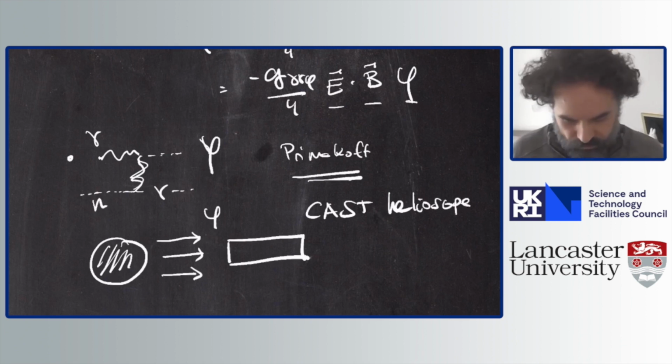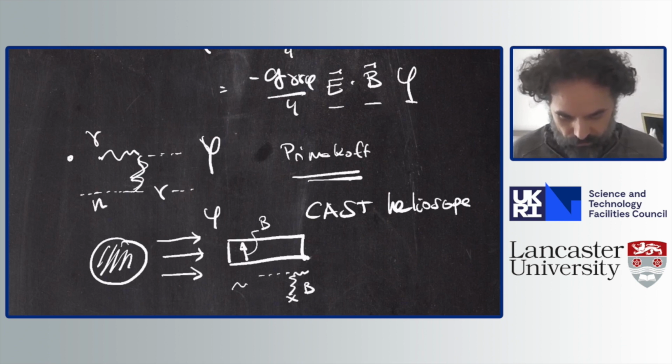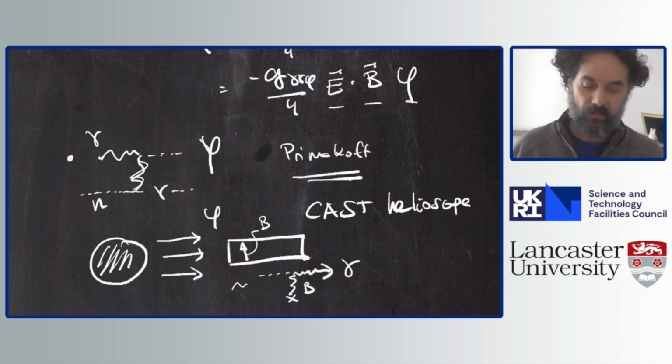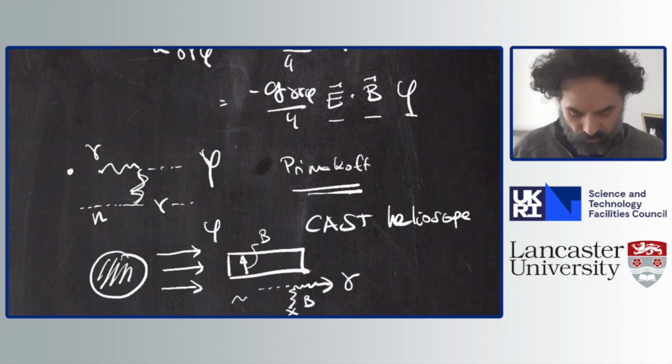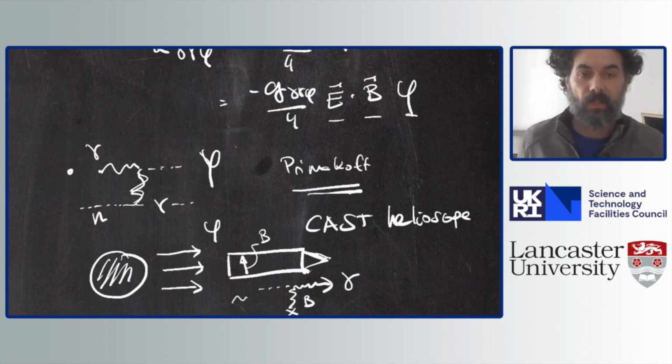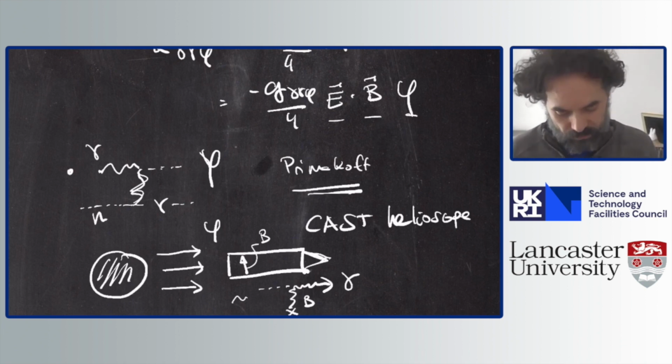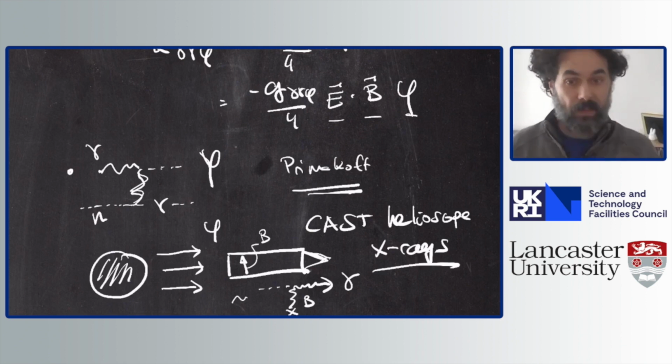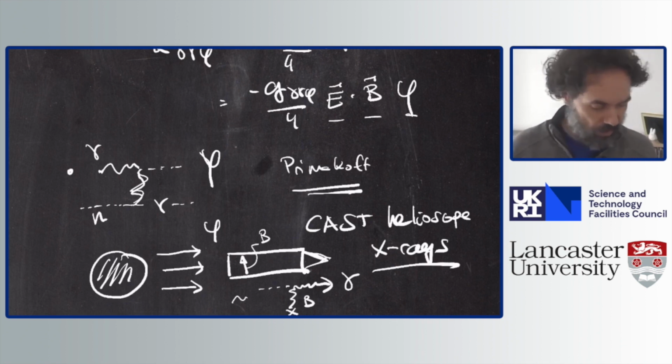So what you want to do is put a magnetic field here. The axion will propagate, find this magnetic field, and convert into a photon, right? Because of the same vertex that we had before. And you then try to look for these photons, which will have a particular energy, in this case X-rays, depending on the energy of the production and also on the magnetic field that you are using.